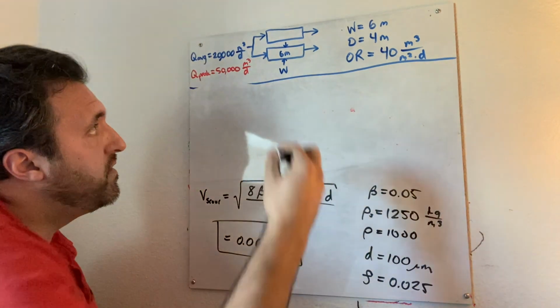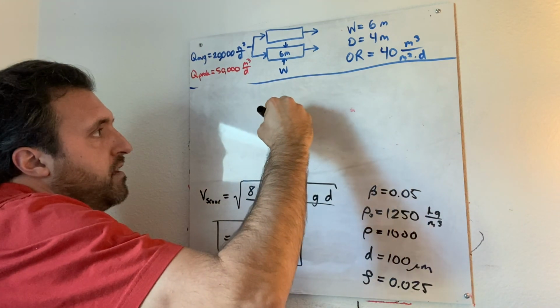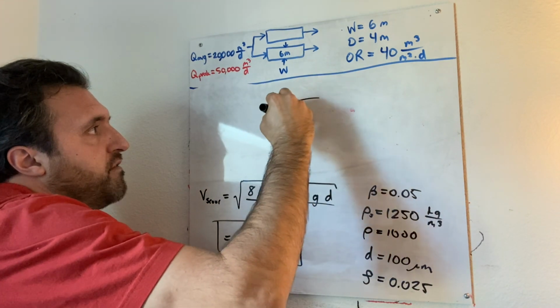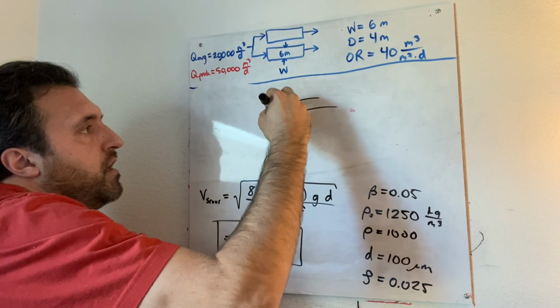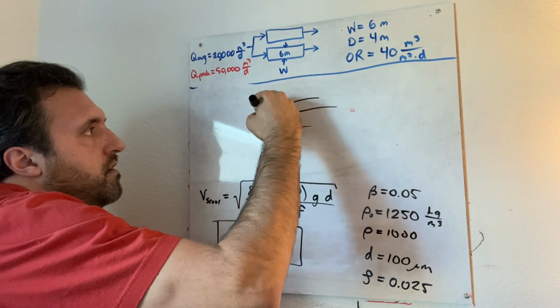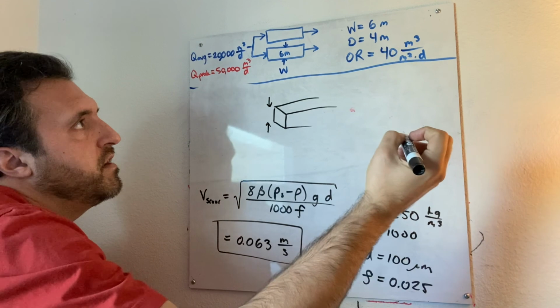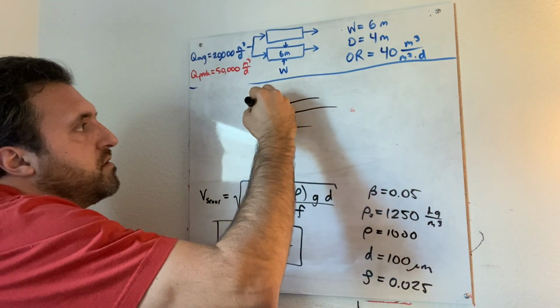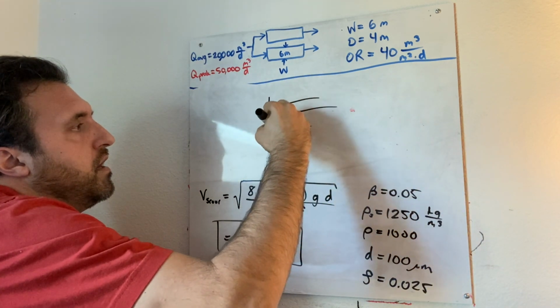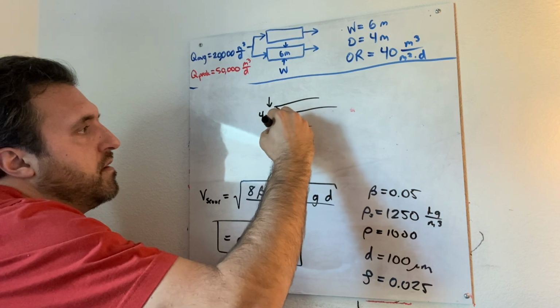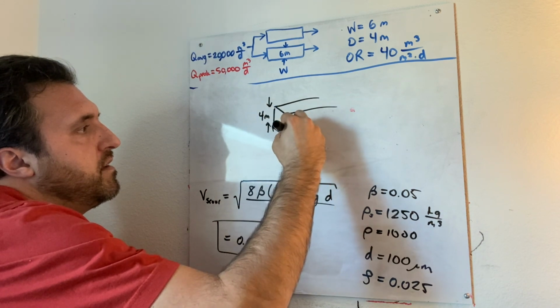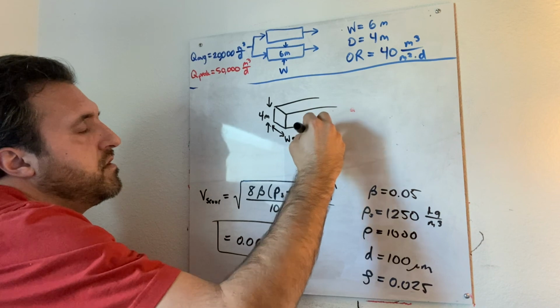All right, so under peak flow conditions, we've got rectangular clarifiers here. And remember, the water depth is 4 meters and the width is equal to 6 meters.